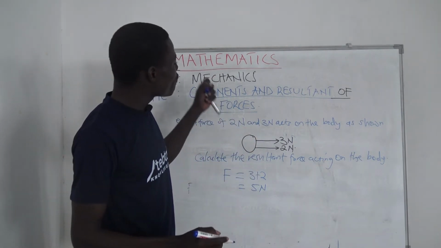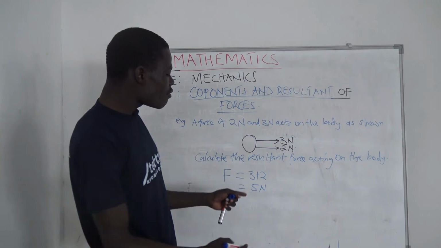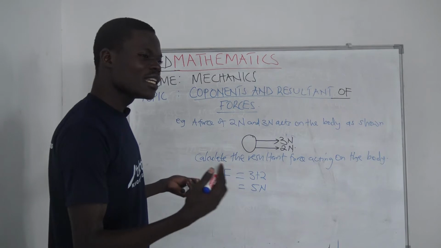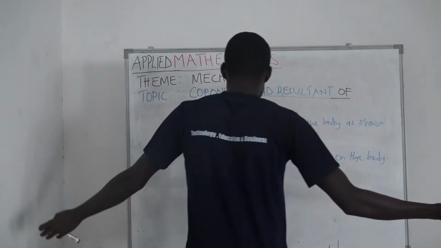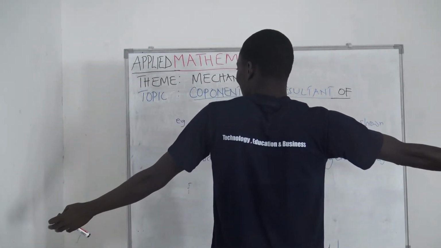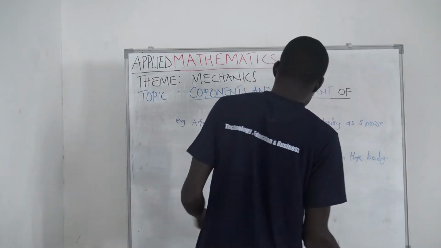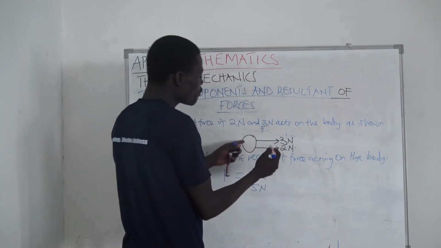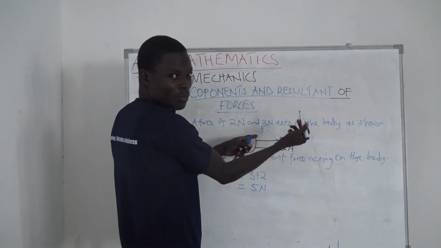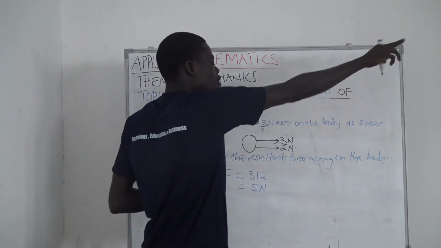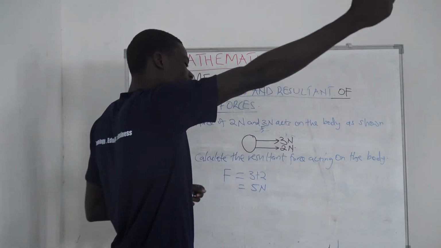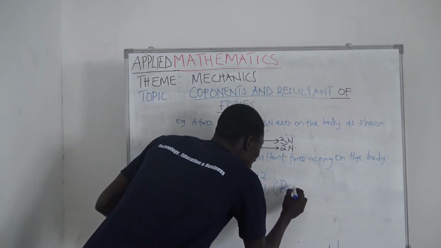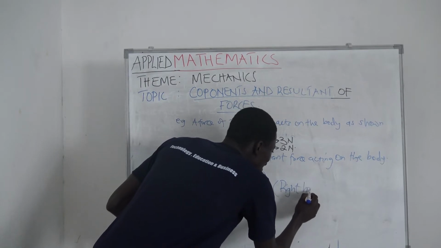But we said the force is a vector quantity. It should have both size and direction. Here you specify in which direction the force is going. This one is my right hand side and this one is my left hand side. So the resultant force on this body is going in that direction, the right hand side.